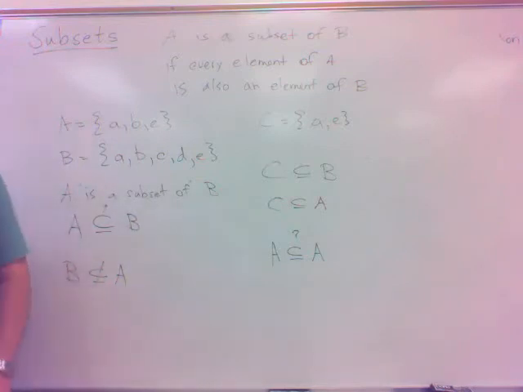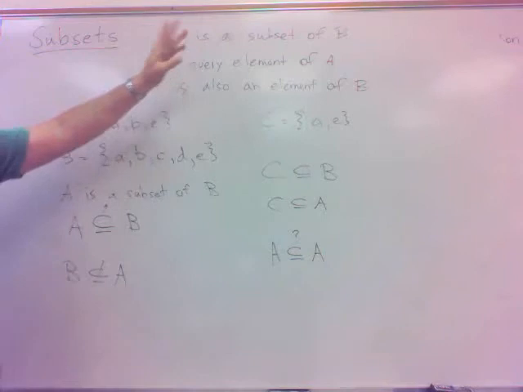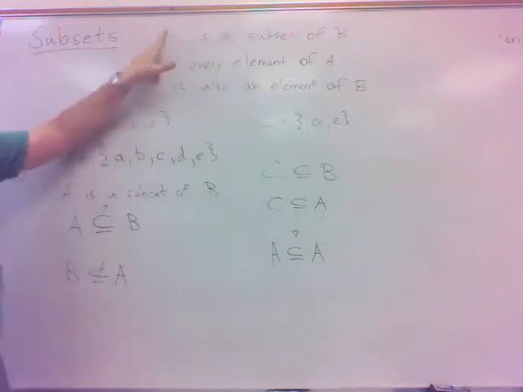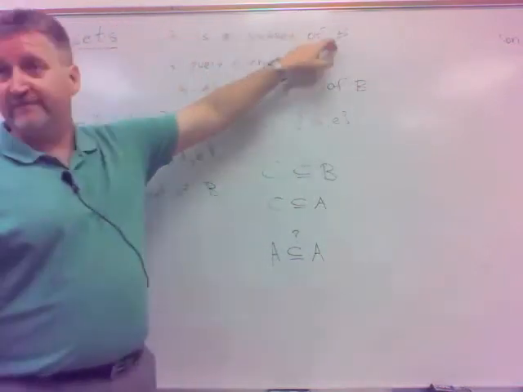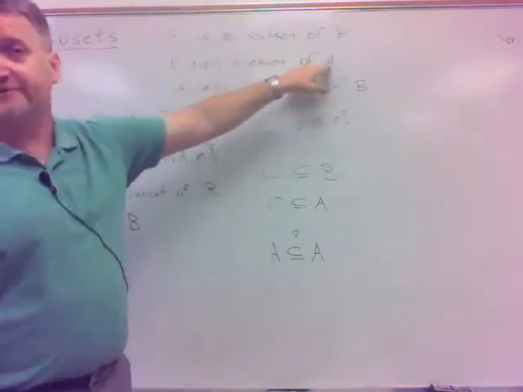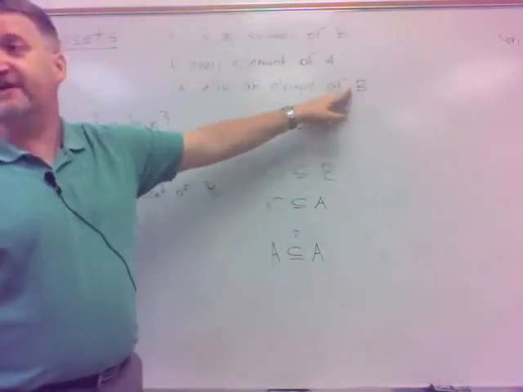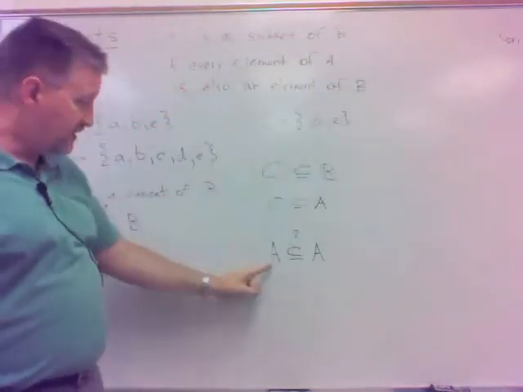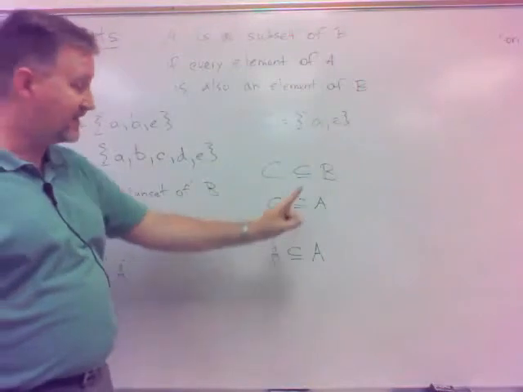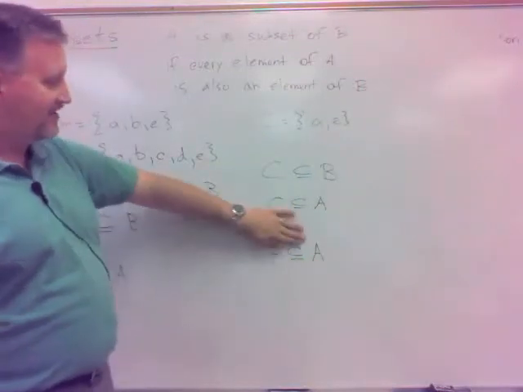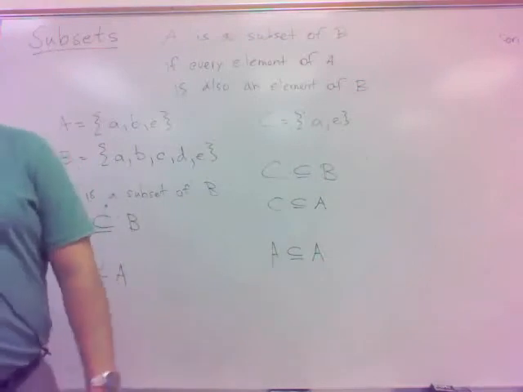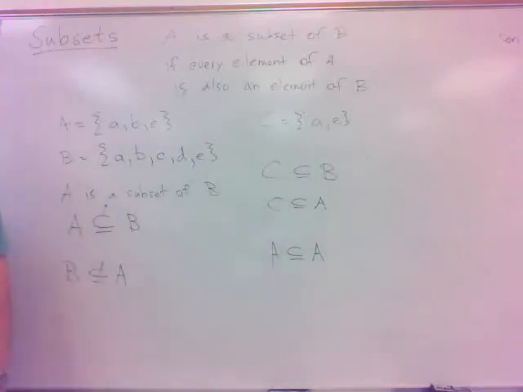Well, let's think about the definition. Definition says A is a subset of B if every element of the first one is also an element of the second one. Is every element of this one, the first one, an element of the second one? Yep. Yes, it is. This is true. A is a subset of itself.